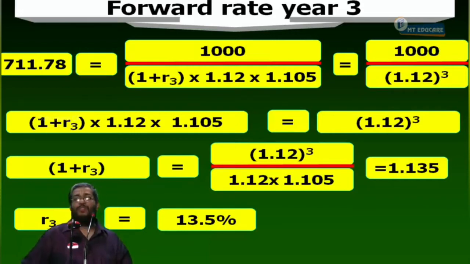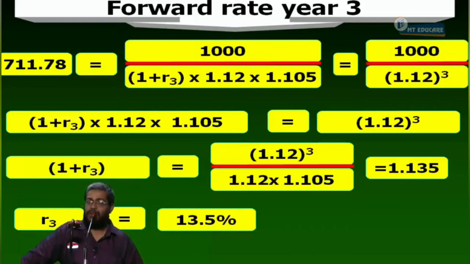Point number 1. If in the problem coupon rates of bonds are not given, then the YTMs can be assumed to be what rates? 0 rates.